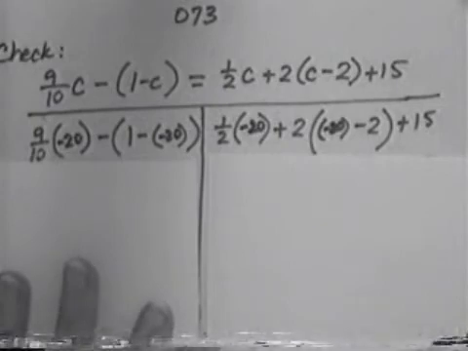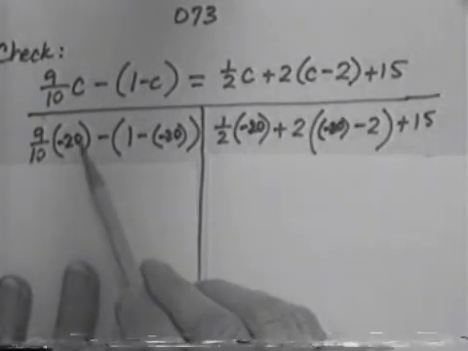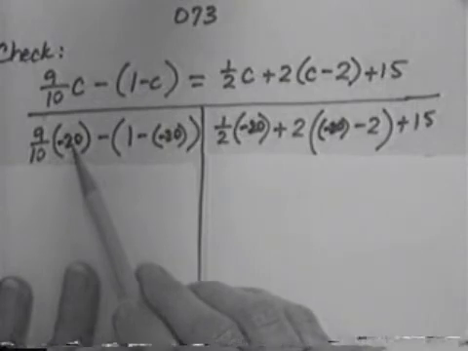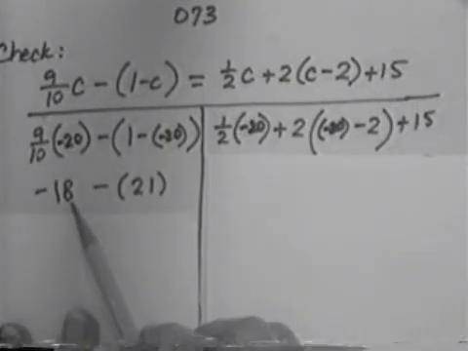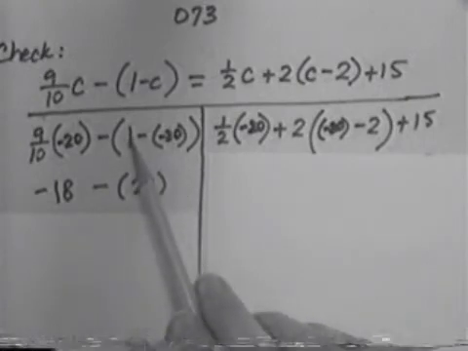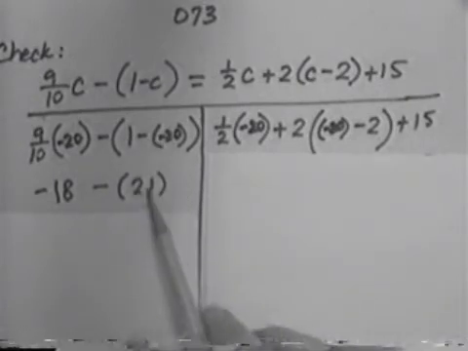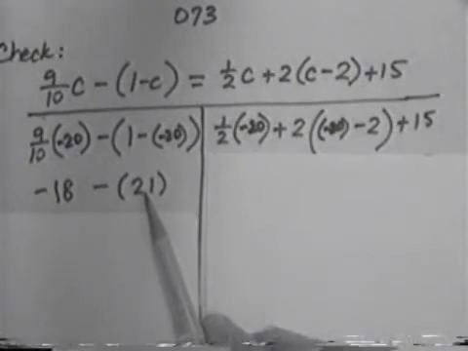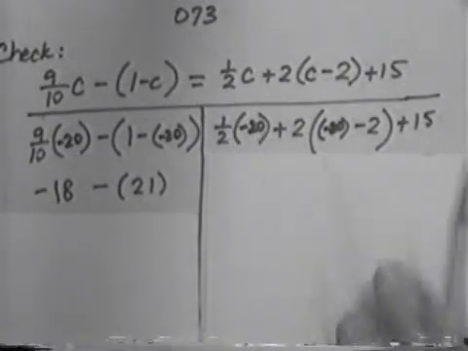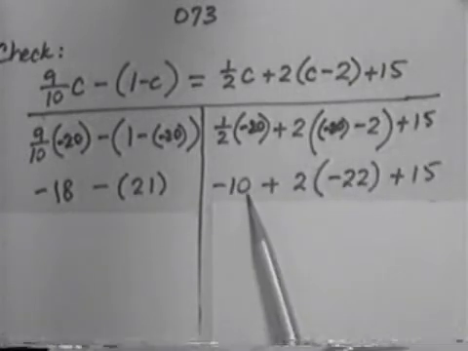Then we simplify. 9/10 times negative 20 is negative 180 over 10, which is negative 18. In the parentheses, we have 1 subtract negative 20, which means 1 add positive 20, which is 21. On the right, 1/2 times negative 20 is negative 10.